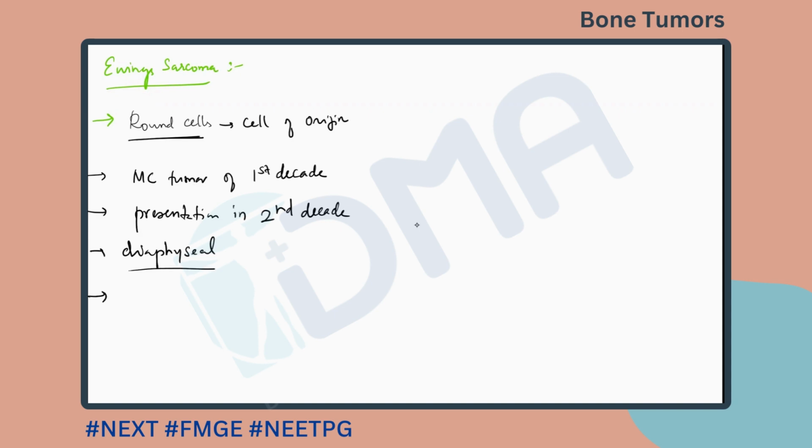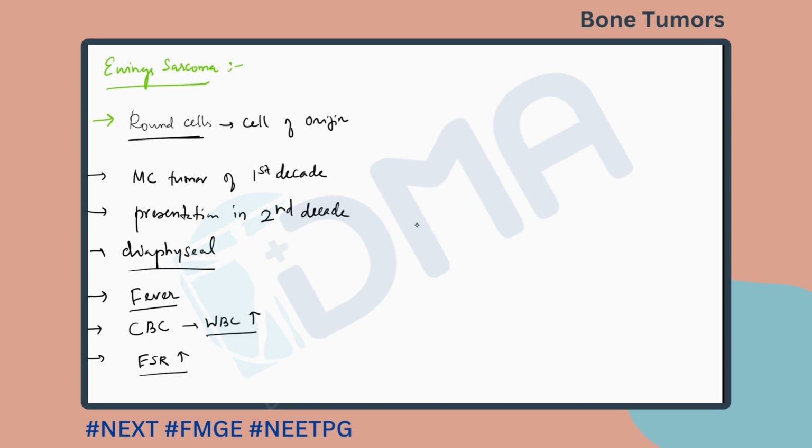Whenever a patient has Ewing sarcoma, he can present with fever. When you see his cell count, the WBC count will be elevated. ESR will be elevated. Okay. Have you come across anywhere where fever, increased WBC and increased ESR or increased CRP are seen?